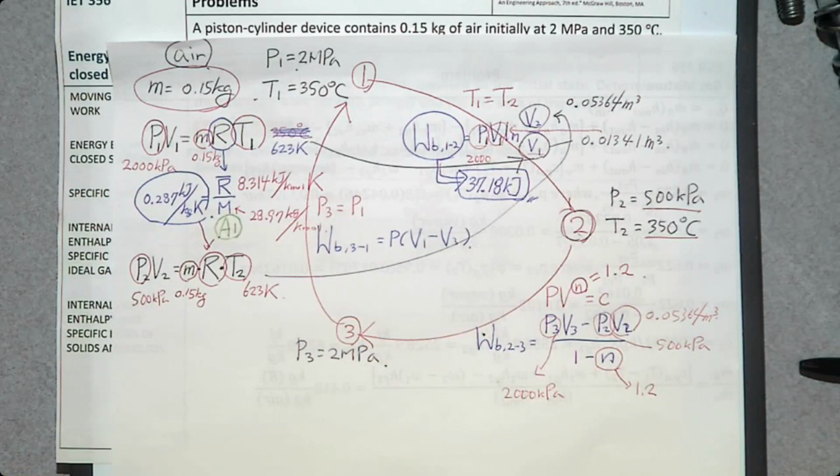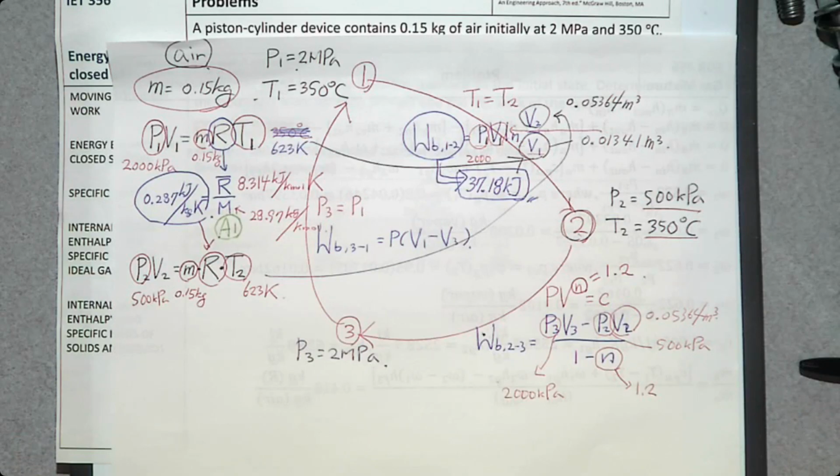So let's find V3. How? By using another ideal gas equation at state number 3. Unfortunately, you cannot do that anymore because we do not know the temperature. Then we cannot use this ideal gas equation. Do you know any other equation that has this V3?